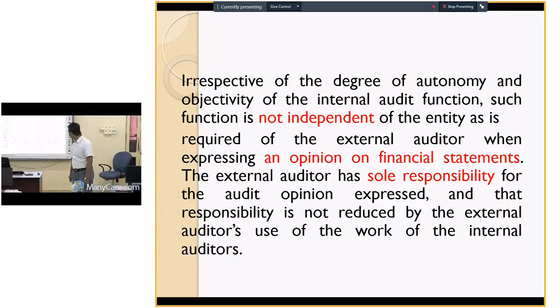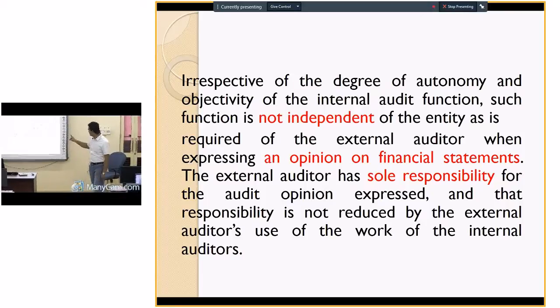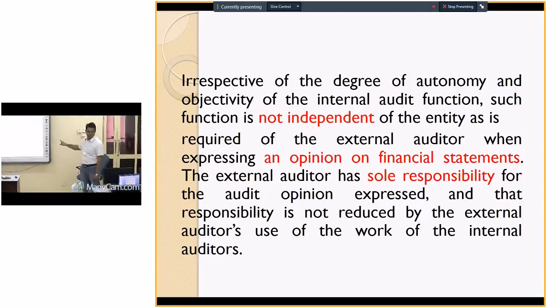What is that? The external auditor has sole responsibility for the opinion expressed, and that responsibility is not reduced by the use of internal auditors. Right. I think you will be clear on that.